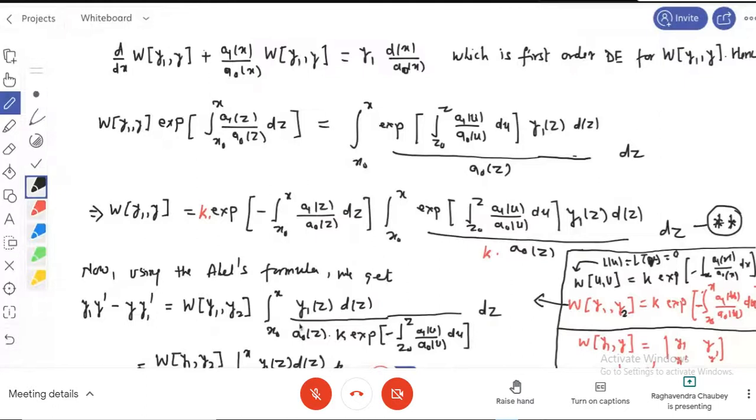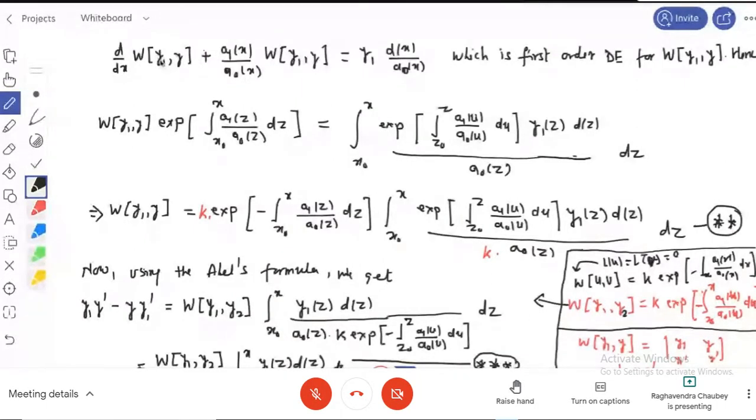Suppose this is your formula, and we label this formula with a triple star. Now in a similar case, we derive the same thing using y2 and y.